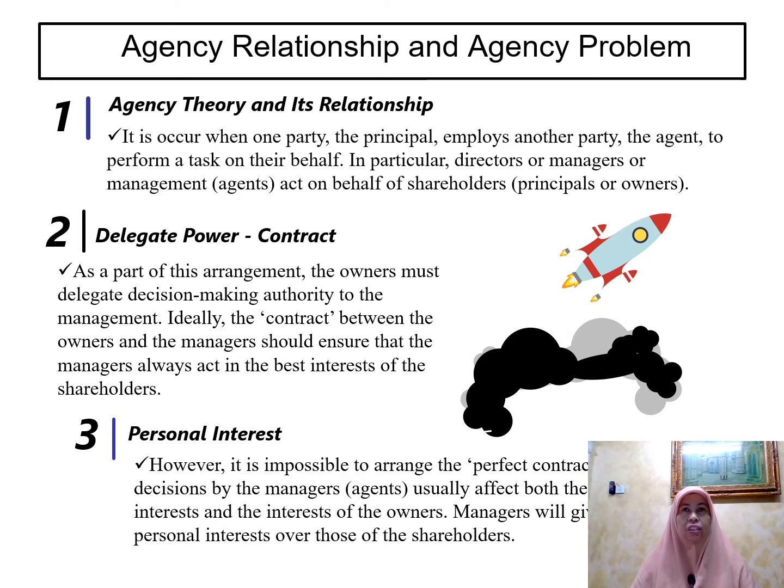So the shareholders will appoint people or a party to act on behalf of the shareholders, who are the owners, to run the business and do the daily routine of the business, which we call the agent here, which normally refers to the directors or managers. These directors or managers will act on behalf of the shareholders, so the shareholders are regarded as their principals and owners.